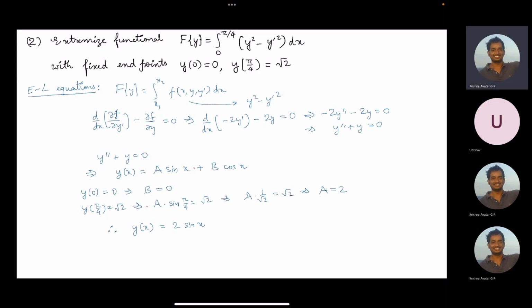So del f by del y prime is given by 2y prime, and del f by del y is given by 2y plus 2 e to the power x. Upon substituting these expressions here, we have 2y double prime minus 2y minus 2 e to the power x is equal to 0. We can clearly see that we can factor out 2 from this equation here. So we are left with y double prime minus y minus e to the power x is equal to 0.